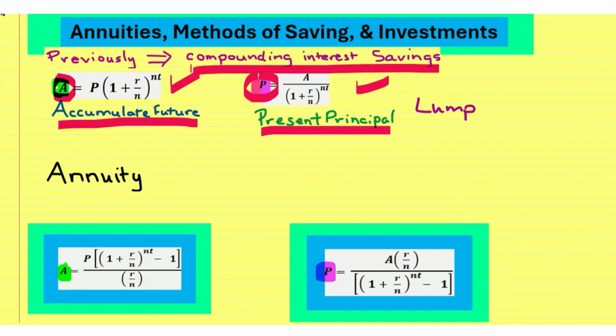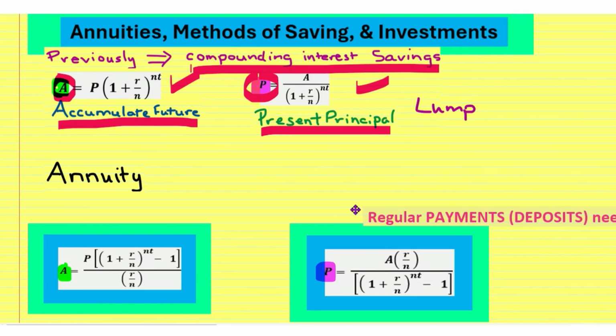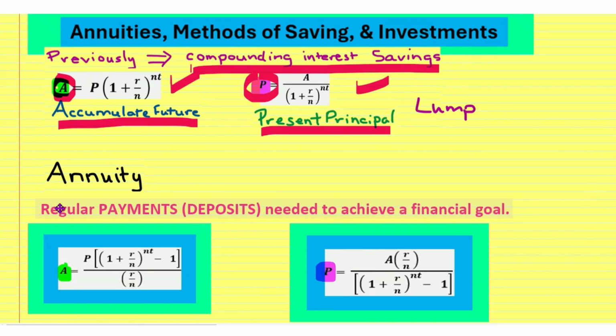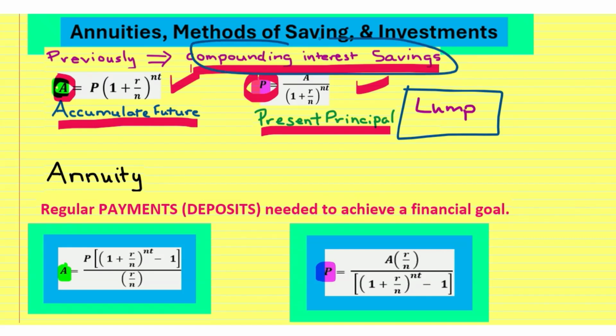This P is now going to represent a regular payment or deposit needed to achieve the financial goal. To reiterate, this was a lump sum when we were talking about compounding interest savings. That was a lump sum, a one-time pile of money that you were going to put into the savings account or whatever the investment account was.